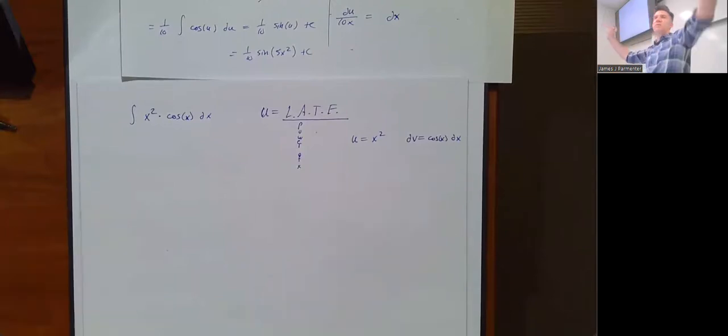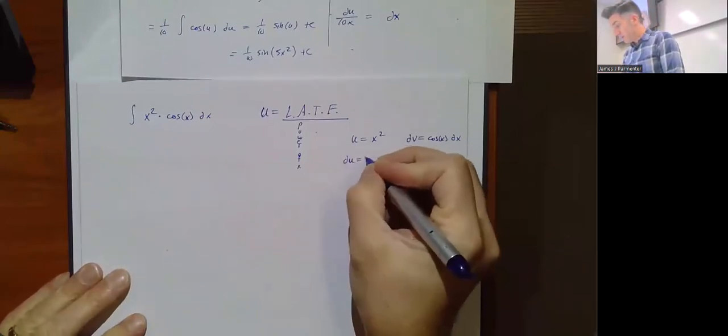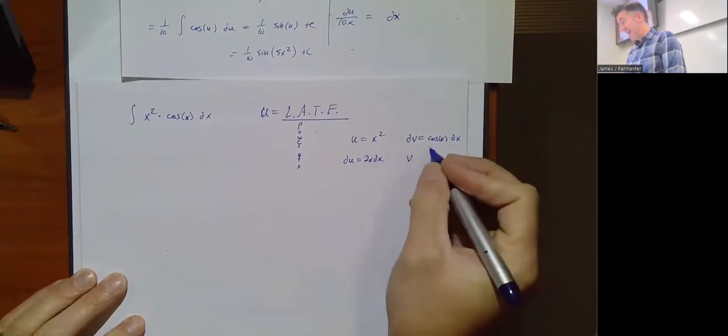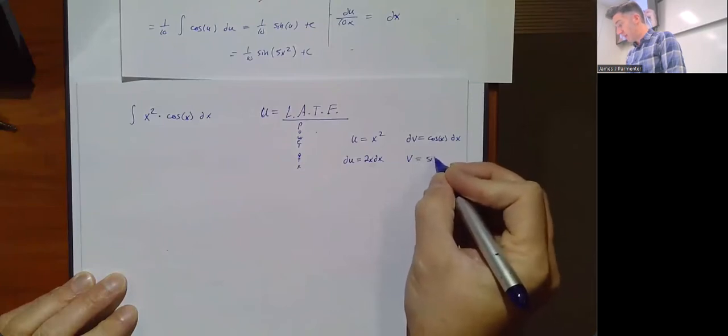The dV should always have a dx with it, and the du should always have a dx with it. So du is 2x dx, and v, the antiderivative of cosine, is positive sine of x.